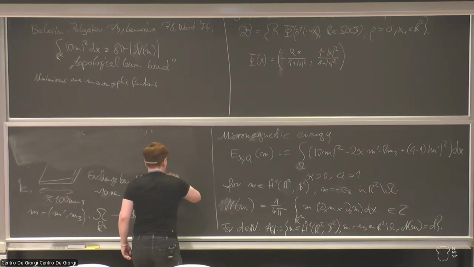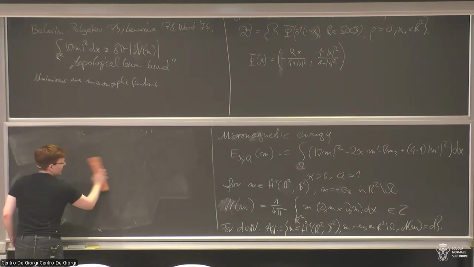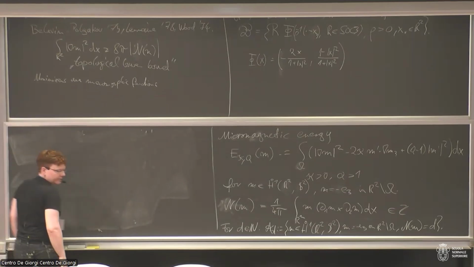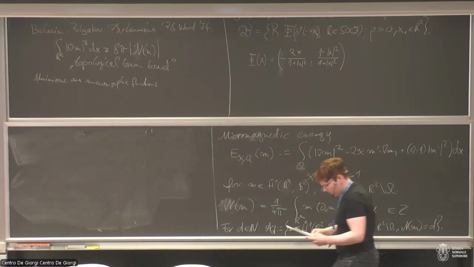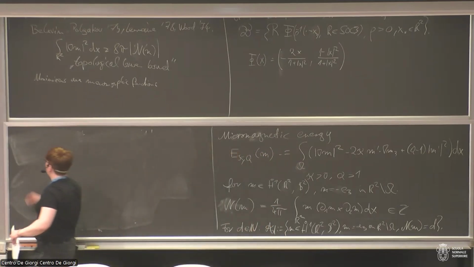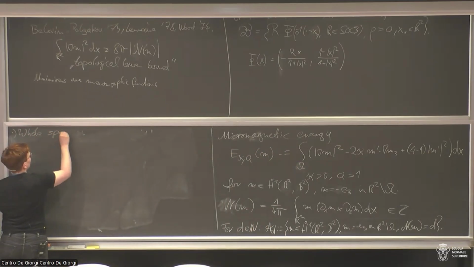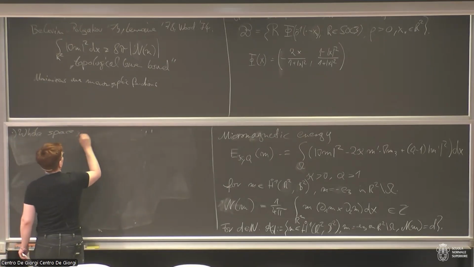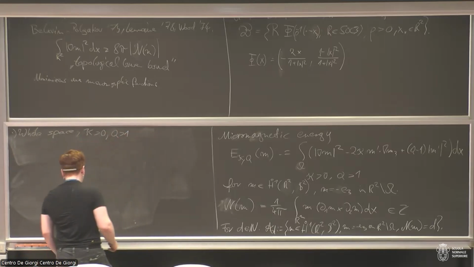Now, let's see what happens if you add the lower order terms back in. So still whole space, but now kappa positive and q bigger than 1. You need both, actually.